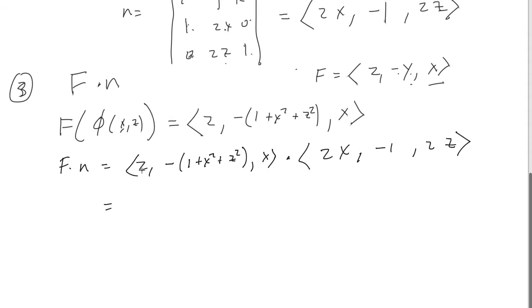All right, so that's 2 times this, which is 4x. And then this times that. So negative 1 times that just negates that negative. So we're just left with 1 plus x squared plus z squared, plus x times 2z is 2xz.